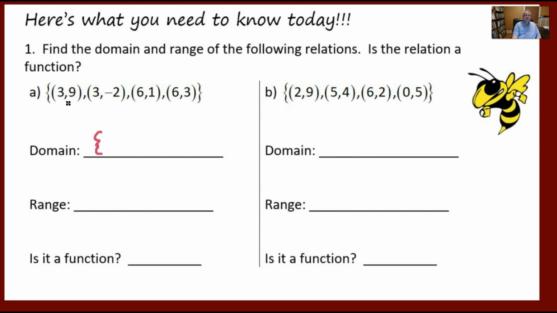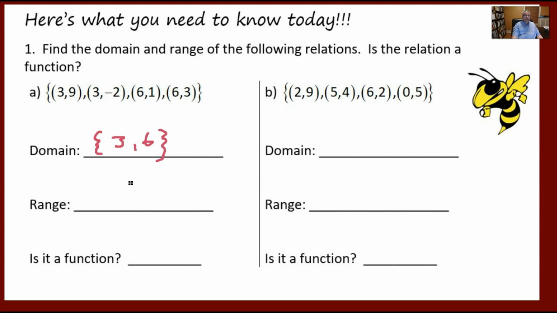When we list the x-coordinates, we don't list any repeats. So we put 3 once and not the second 3. The other input that we have is 6, and I already have a 6, so I'm not going to list that one again. A set is just a collection of objects, usually numbers, and you're either in it or you're not.